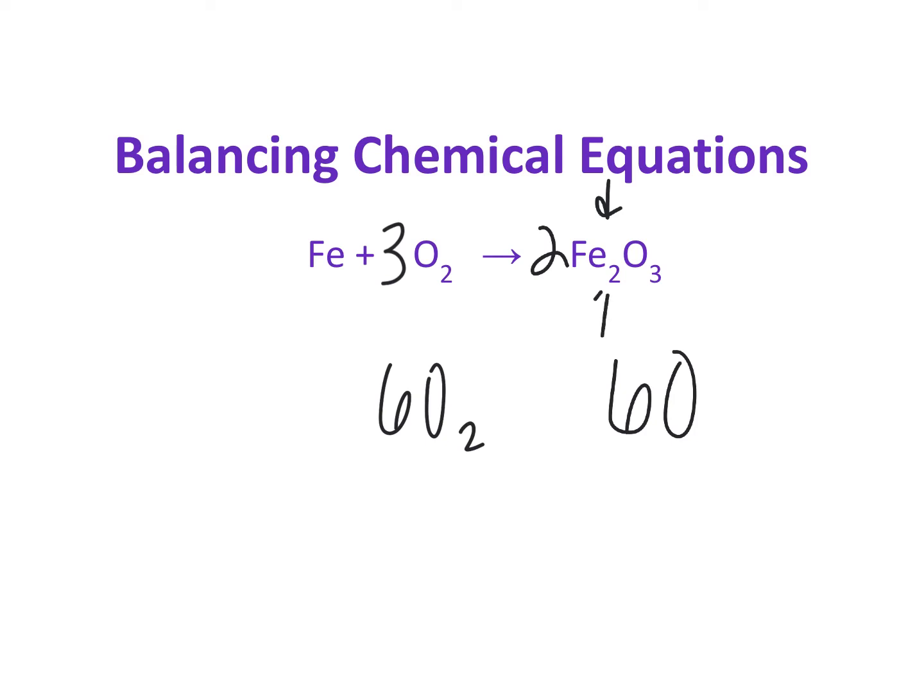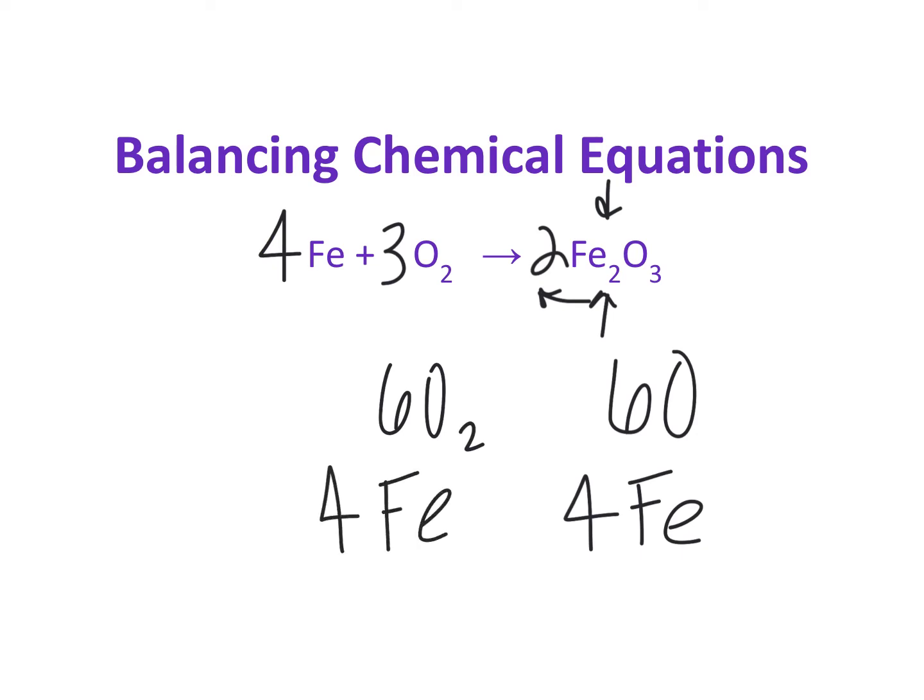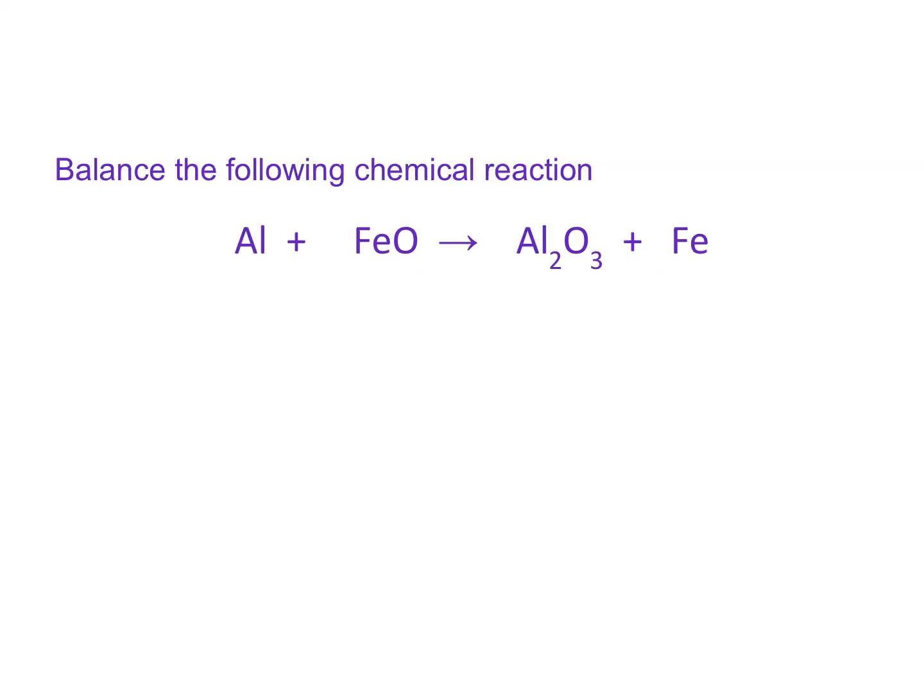Now I have 2 irons, but I have to multiply that by 2 now. So that's going to be 4 irons. Then I've got to put a 4 over here, so I also have 4 irons on my reactant side. And this is my completely balanced equation. Now go ahead and pause the video and try to balance this one on your own.